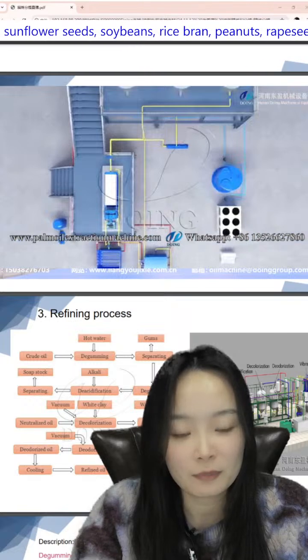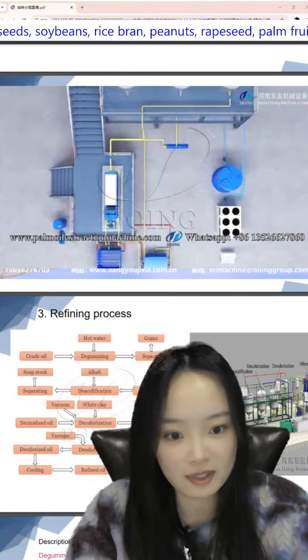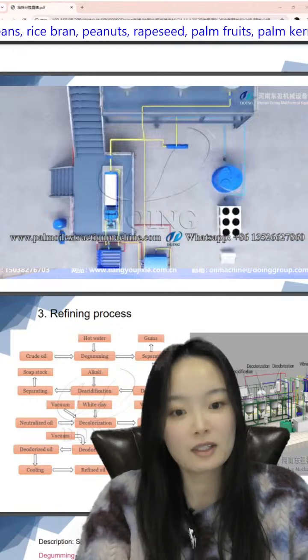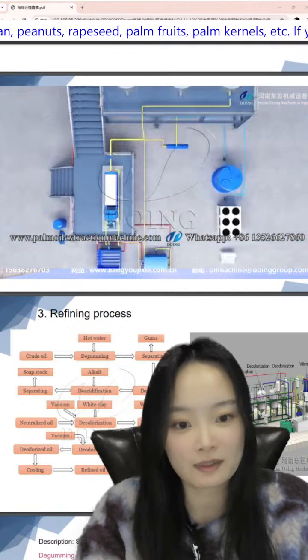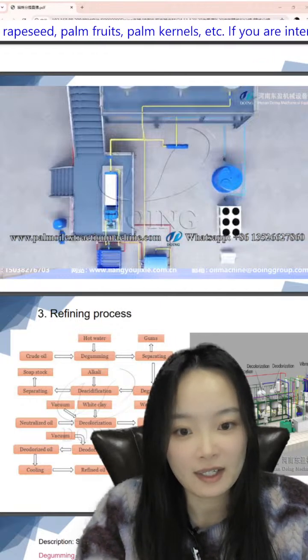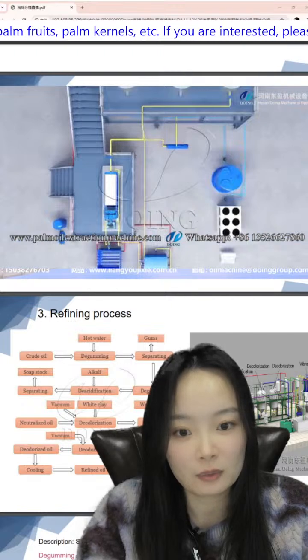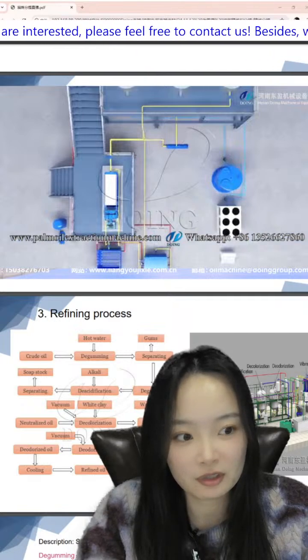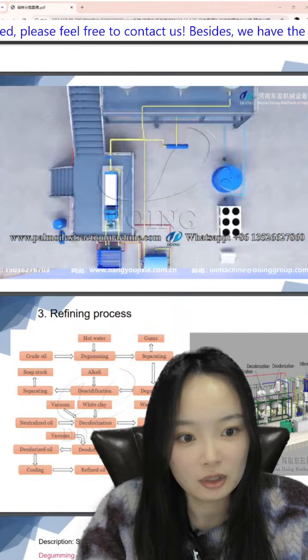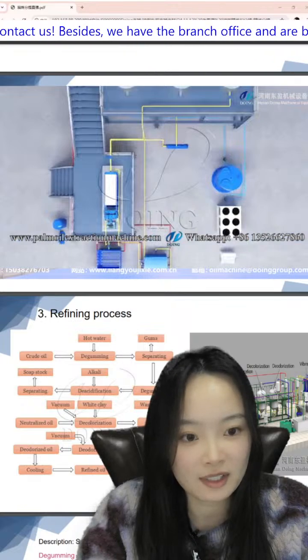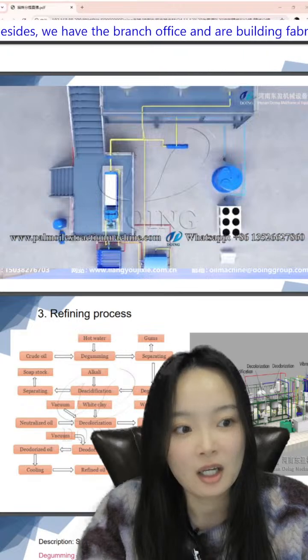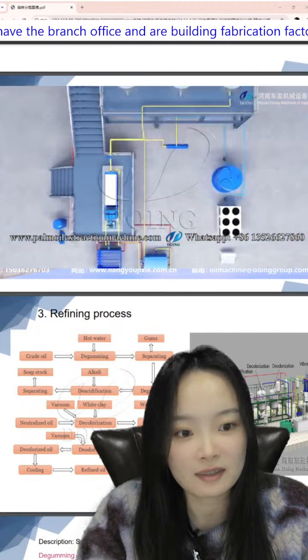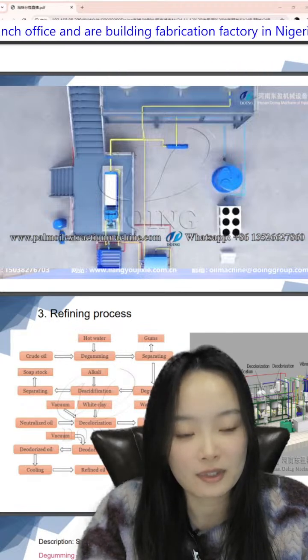And then we move to the third part, decolorization. In the decolorization, we will add some white clay and apply vacuum to remove the color in the oil. In this part, we will get the waste clay. The waste clay can be collected and then recycled.